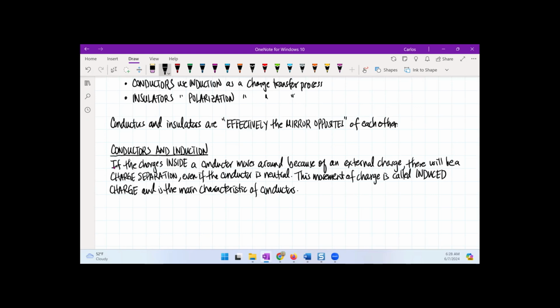So I'm going to go through a conceptual example, but that's what we mean by induction. When there's charge separation, because conductors allow charge to move. That's the opposite of what insulators do.